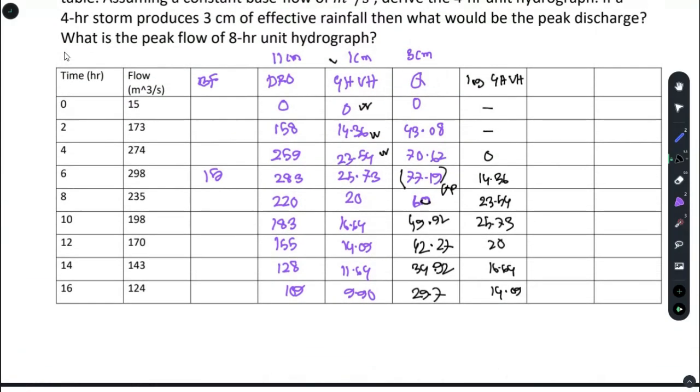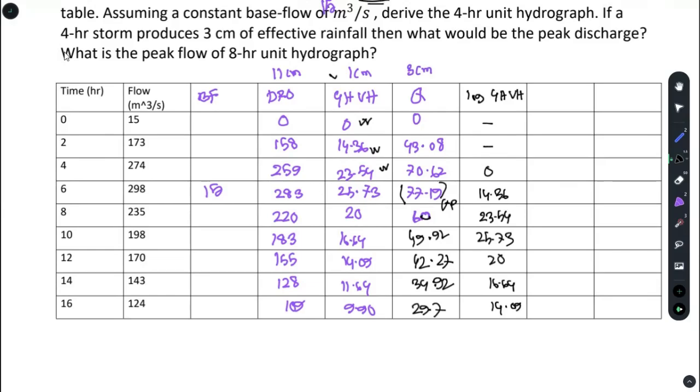So the next thing I need to do is add this column and this column. I will make a sum, and for that I will get a value of 0, 14.36, then 23.54, then 25.73.